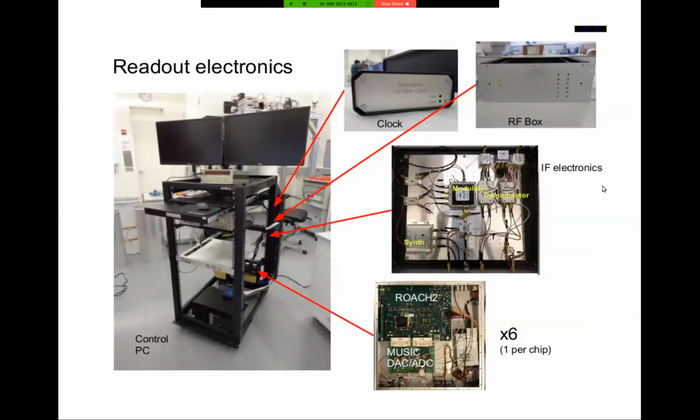One of the things Chicago has been in charge of is working out the readout. It turns out you can actually do pretty good with commercial electronics. There's a Caspar-Roach system, which is pioneered by much lower frequency radio astronomers. It's a field programmable gate array with some hardware that allows you to reprogram it.